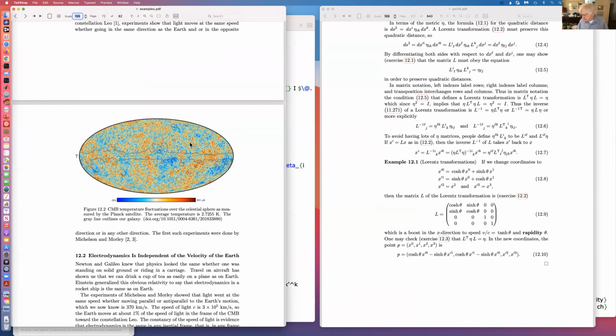That's good to 1 part in 10 to the 4th. The inhomogeneities, which are colored here, red and blue, are roughly parts in 10 to the 5th in temperature or intensity. And by the way, this gray outline is the outline of our galaxy, the Milky Way.